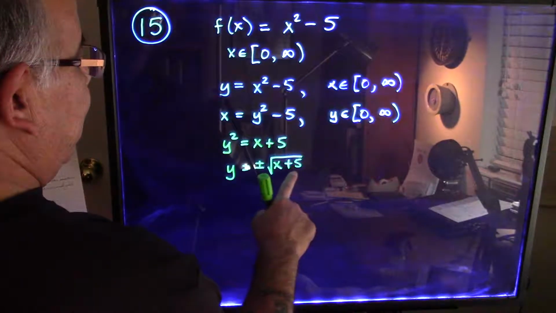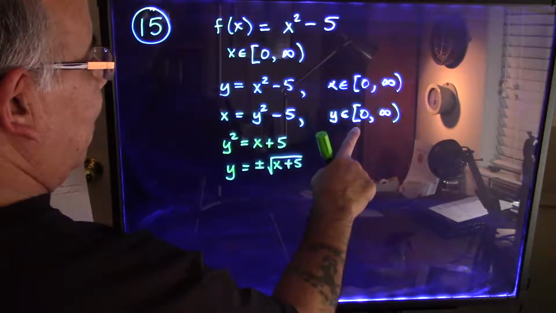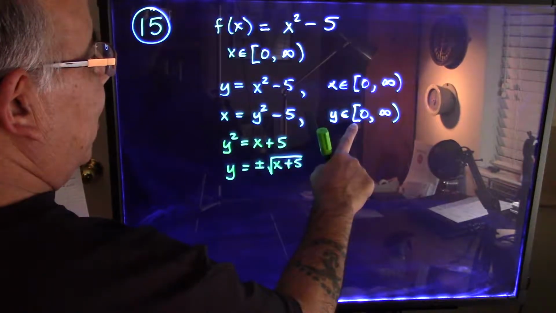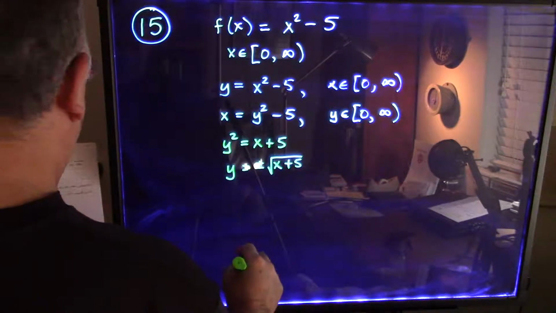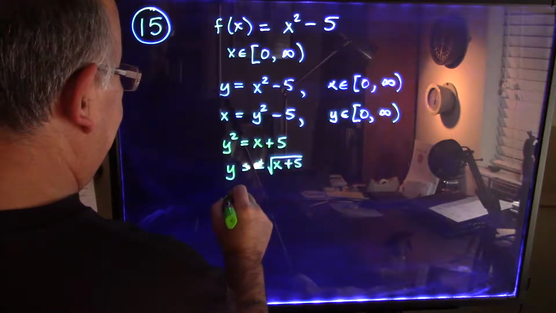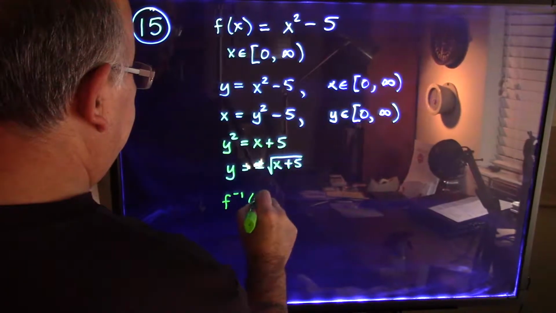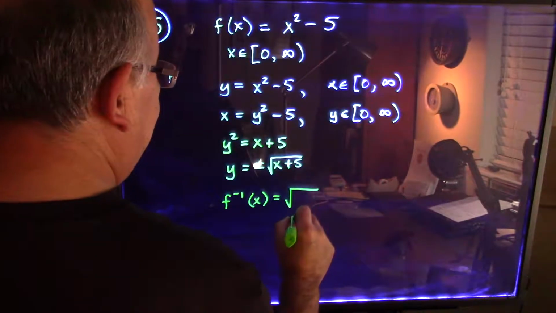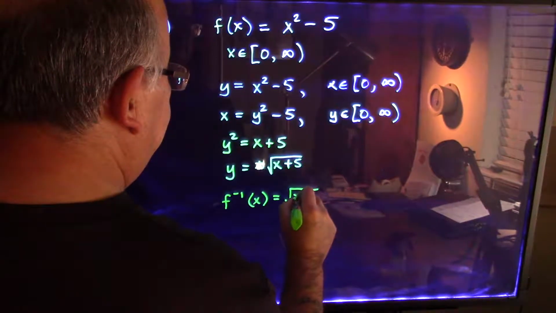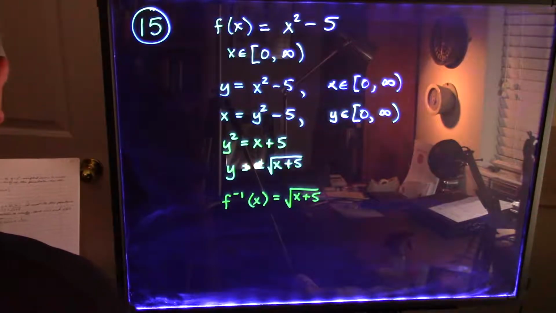No, whatever this number is, when you take the square root, it's going to be negative, correct? So that's not going to be in this interval. So you take the positive square root, and that's f inverse. All right, so f inverse of x is equal to the principal or the positive square root of x plus 5.